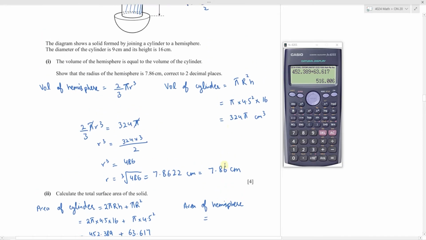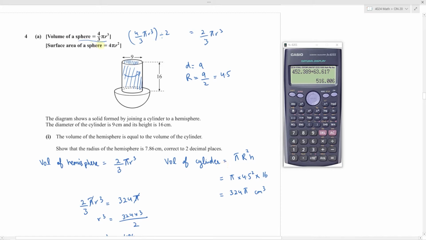And now let's calculate the area of the hemisphere. So if we go back up, your given area of sphere is 4 pi r square. So area of hemisphere will be divided by 2, which is 2 pi r square. So this will give you the curved surface area of the hemisphere. But you also have to calculate the area of this portion, which is like a ring. So how do you calculate this area?